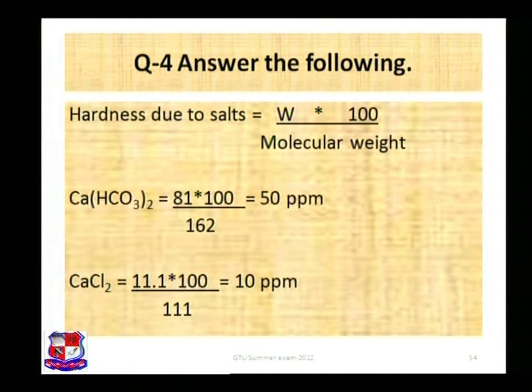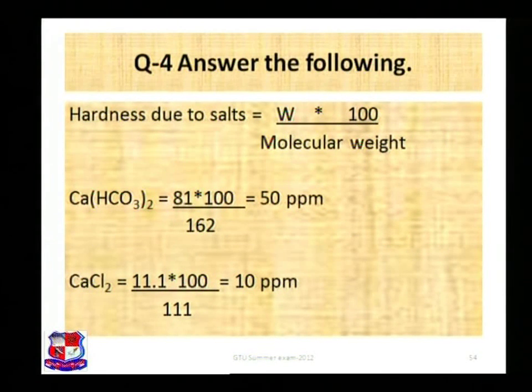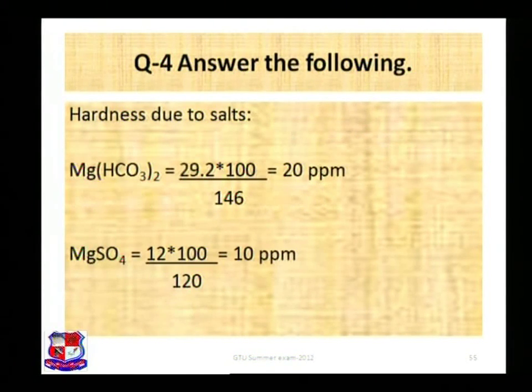Then calcium chloride has W of 11.1, so you write 11.1 into 100 divided by 111, that is 10 ppm. So these are the hardness for these two salts. Let us proceed ahead with the next salts.